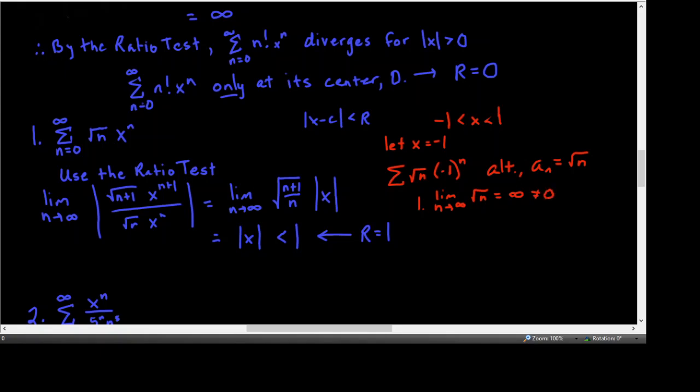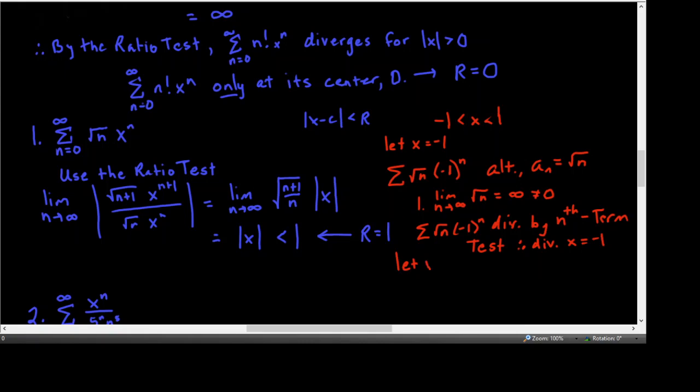And so we can say that this series diverges by the nth term test for divergence, which we'll just write for short as nth term test. So we do not have convergence when x is -1. I guess I should write that down. So it diverges when x is -1.